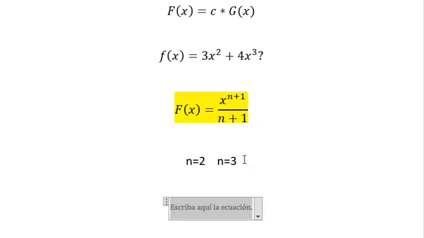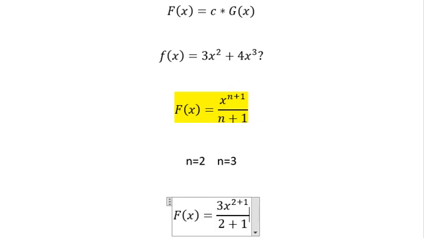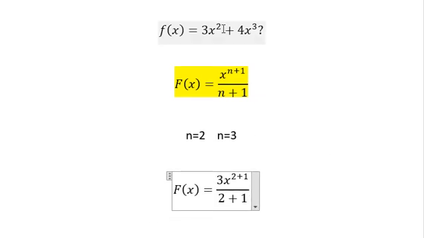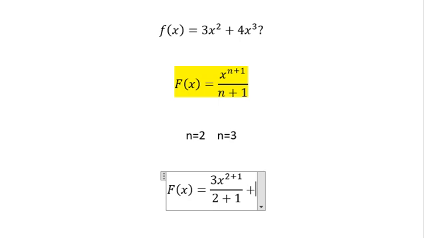So the antiderivative of the function will be 3 times x raised to the power of 2 plus 1, divided by 2 plus 1. We add a 1 to the power and divide by the power 2 plus 1 as well. Next, the same happens to 4x to the power of 3.